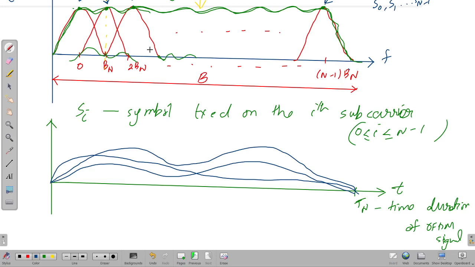So this is the signal in frequency domain. In time domain, you are actually adding all these subcarriers, and the resulting signal can have any shape. There can be n number of subcarriers getting added one over the other, and the resulting shape could be anything.